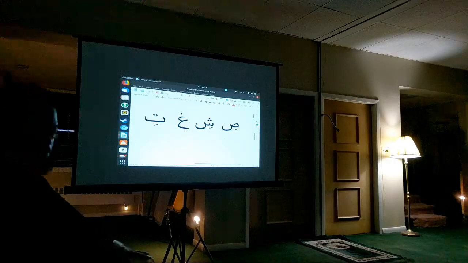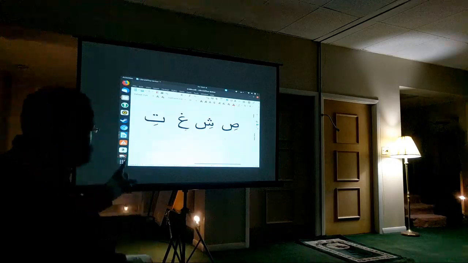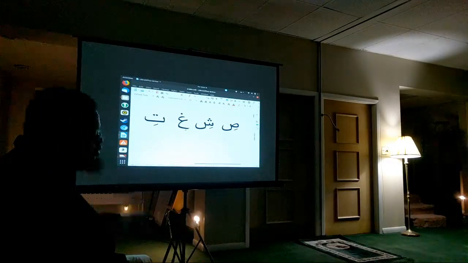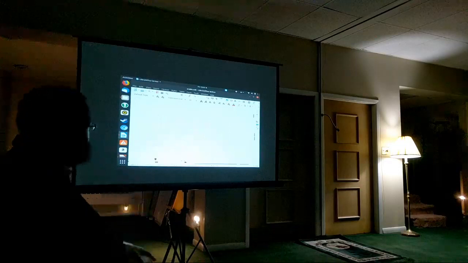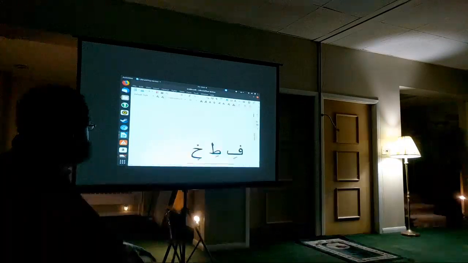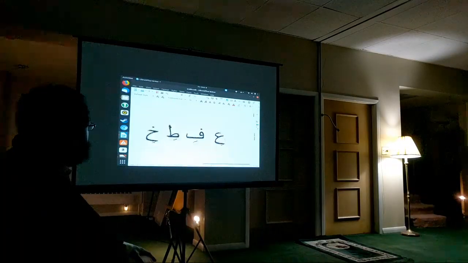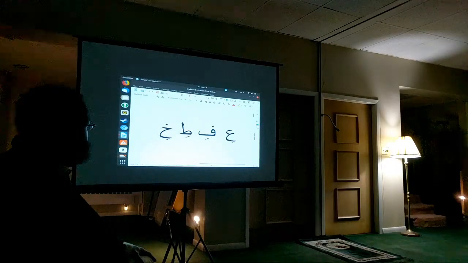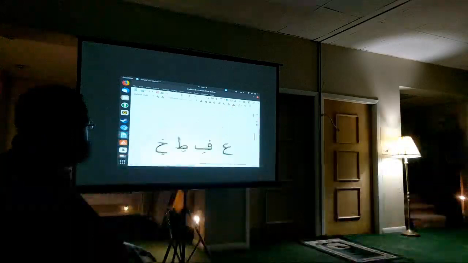Okay, inshallah ta'ala. Before we go to the new letters, let's go back to the old and do a quick review. These are the ones that we did last time. Let's see if anyone can recognize these letters.